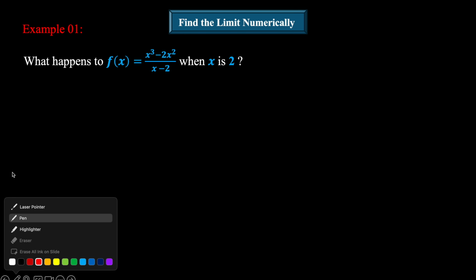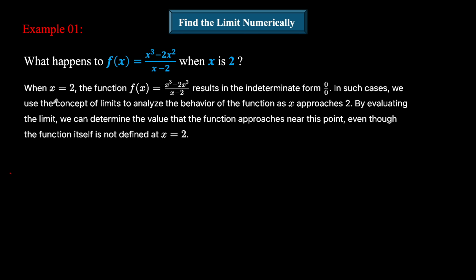So let's see that. When x is equal to 2, the function f of x is equal to x to the power 3, the same function, x to the power 3 minus 2x squared over x minus 2, okay? So this function results in the indeterminate form, as we said, 0 divided by 0. In such a case, we use the concept of limits to analyze the behavior of the function as x approaches 2.